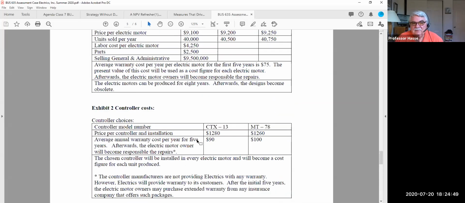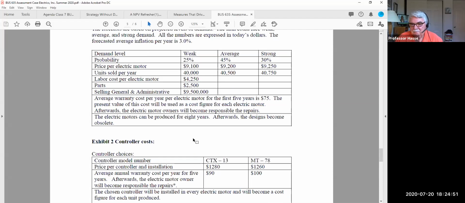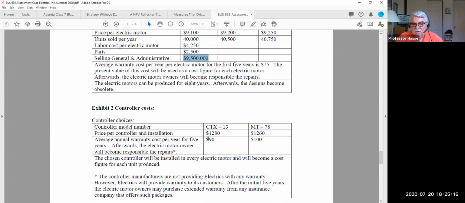There's a whole lot of stuff going on here. Let's go back to the warranty. All these values up here are per unit: $4,250 per unit and $2,500 per unit. This is a fixed cost, $9.5 million. So that's not per unit, that's a fixed cost. $1,280 per unit.